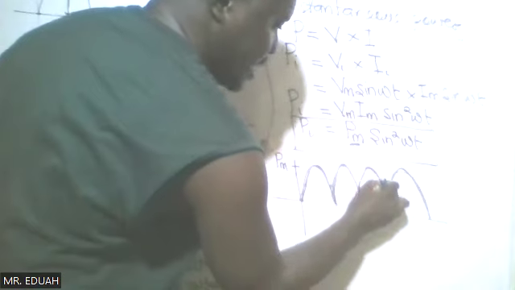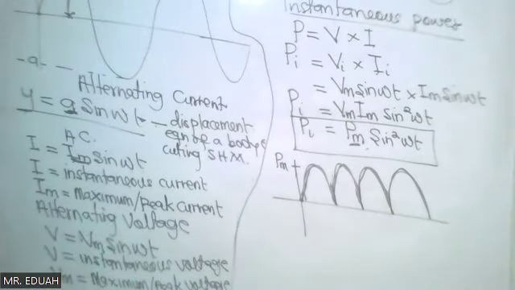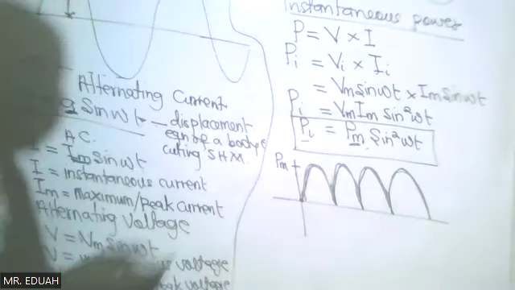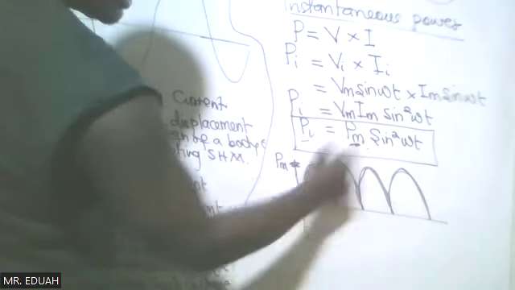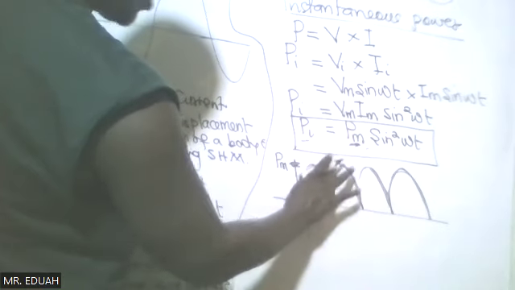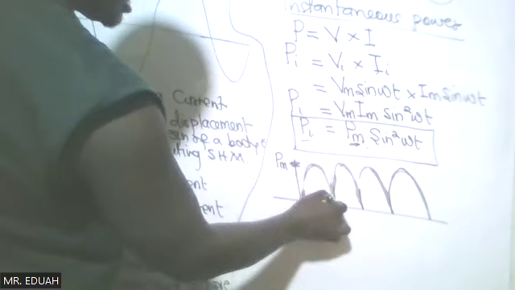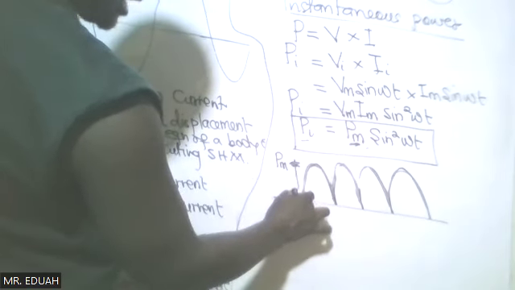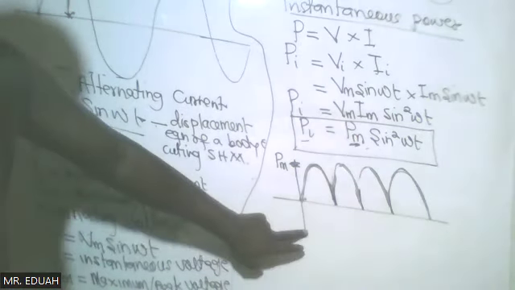Even if the time or the angle is negative, it will be squared to be positive. So this is instantaneous power.